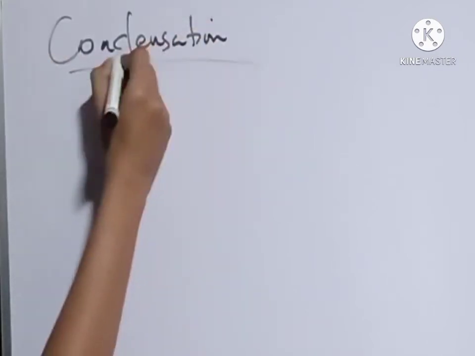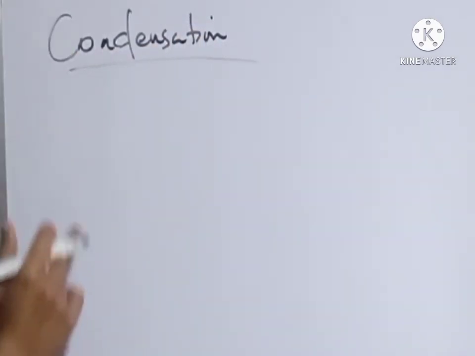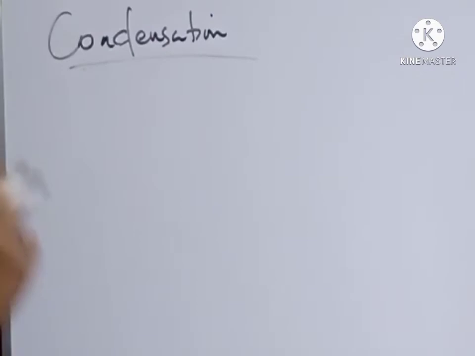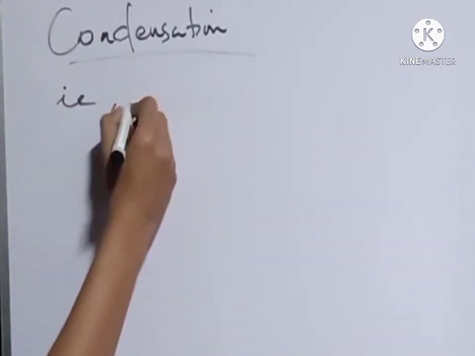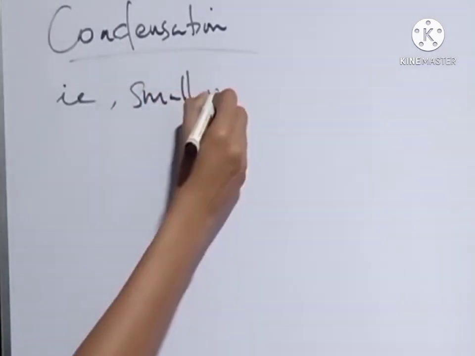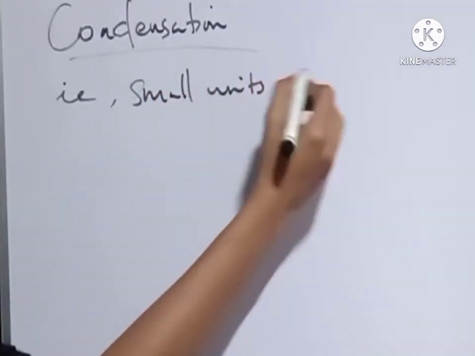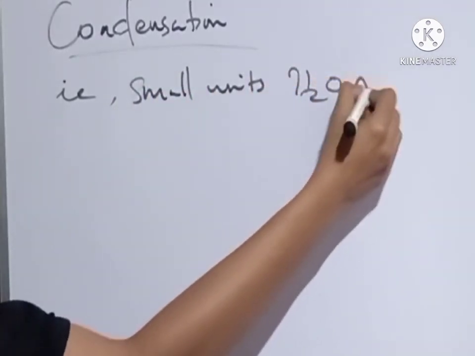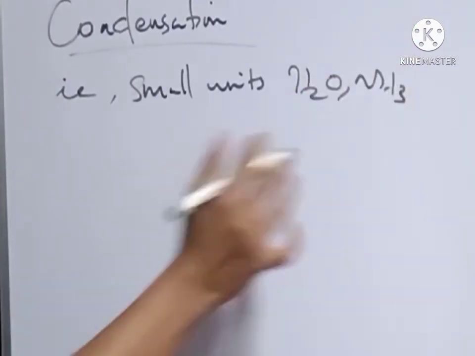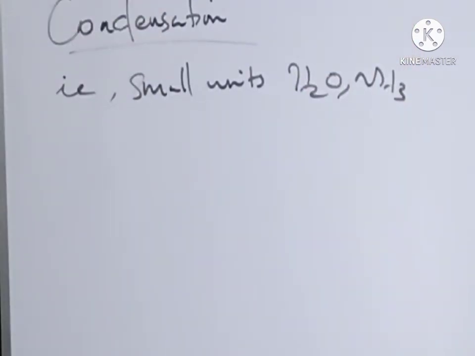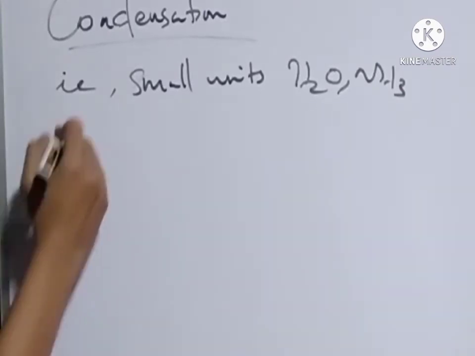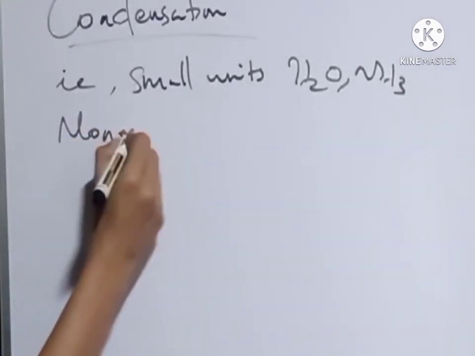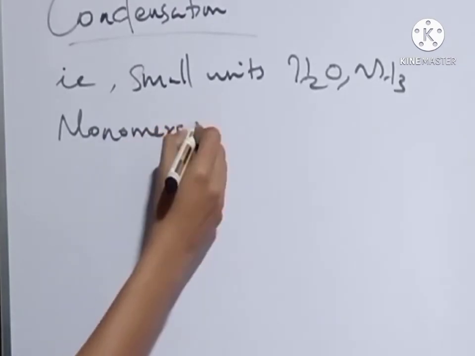Second one is condensation polymers. Here a condensation reaction occurs, that is, when monomers combine to form polymers, small units like water, ammonia, etc. will be liberated from the polymerization unit, and usually the monomers are bifunctional or trifunctional units.